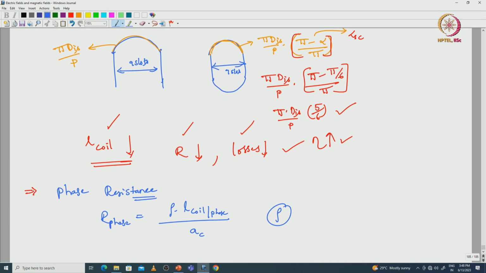The resistivity of copper will be 1.72 into 10 power minus 6 ohm meter. Similarly, different materials will have different resistivity. Here the length we know and the area of cross section of each conductor we also know, so we can calculate the resistance per phase. Resistivity is also a known value, only resistance is the unknown one.